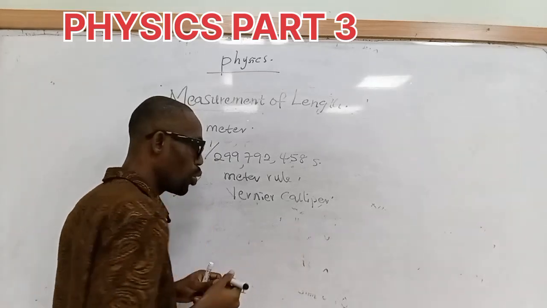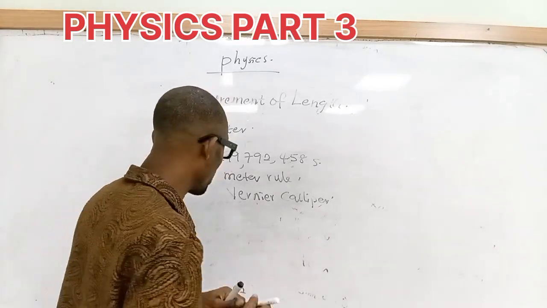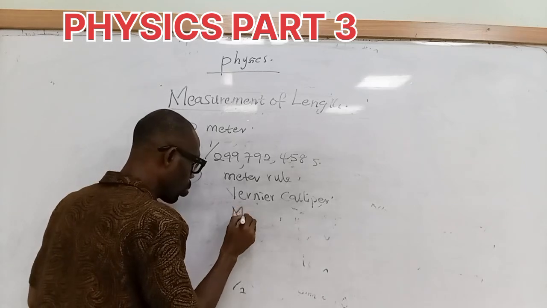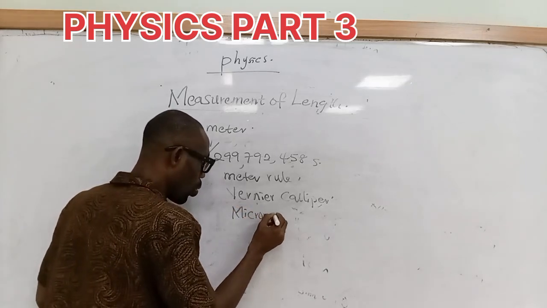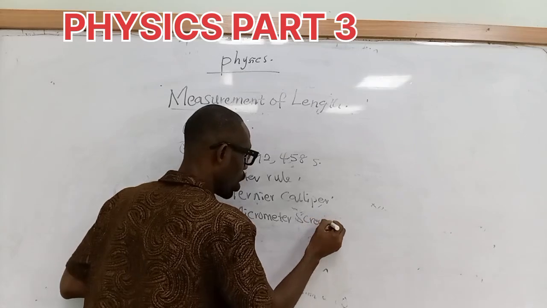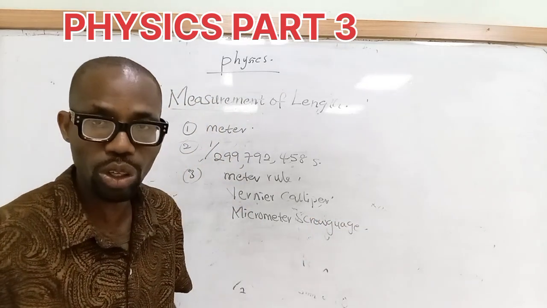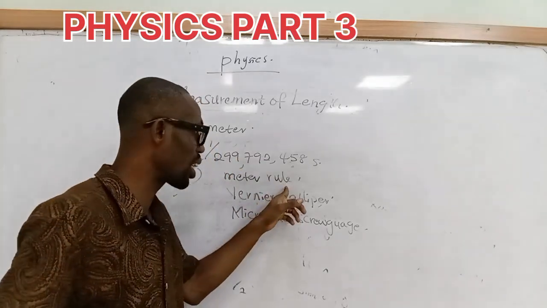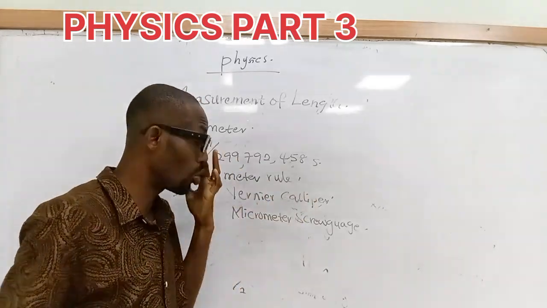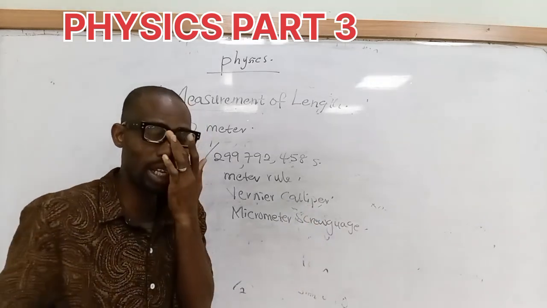Another instrument that can be used for the sake of precision and accuracy, and when you're dealing with smaller objects, is the micrometer screw gauge. These instruments are used in determining the length of an object. But for accuracy and higher precision, we use vernier caliper and micrometer screw gauge.